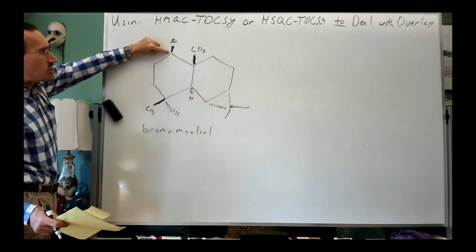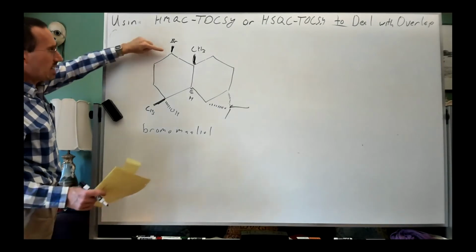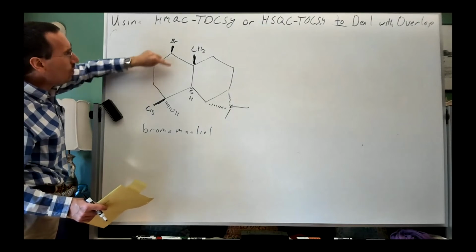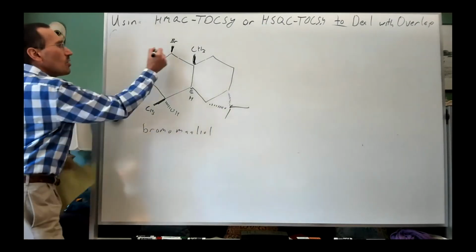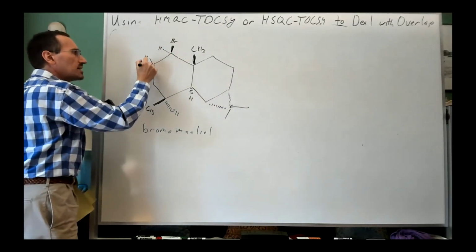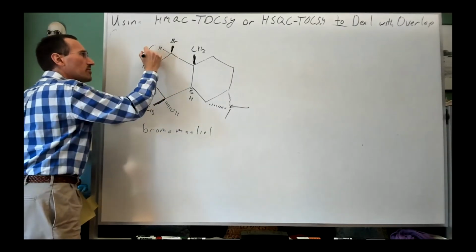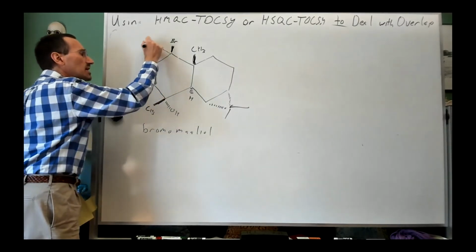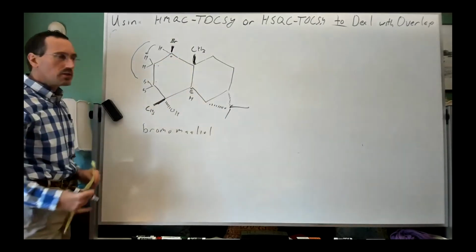So in TOCSY or in HSQC TOCSY, we can walk our way through this spin system. In other words, we need this hydrogen to trace to these two hydrogens to trace to these hydrogens, even though we're going to be going through the carbon-13 dimension.